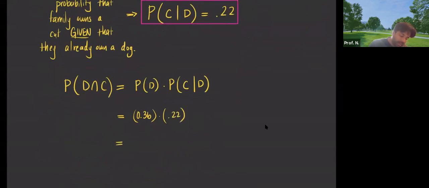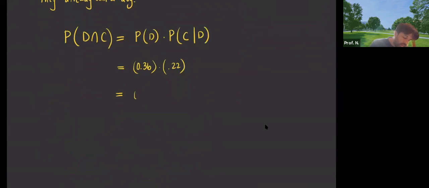And when you multiply 0.36 with 0.22, you get 0.0792. And this would be your final answer.